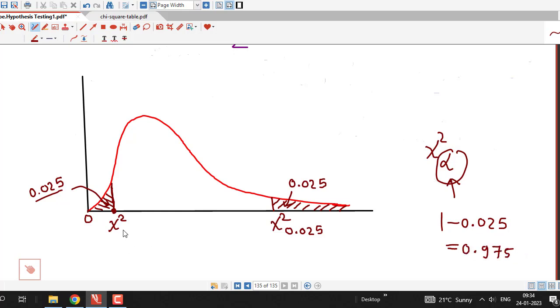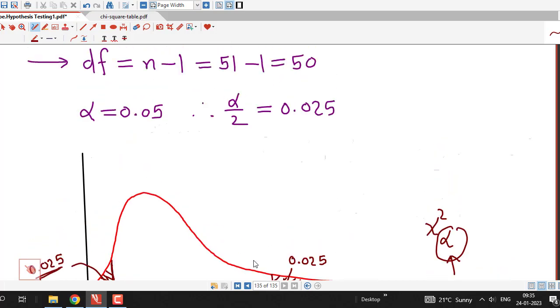So this critical value of the chi-square distribution is denoted by chi-square suffix 0.975, because the area to the right side of this point is 0.975, which we obtain by subtracting 0.025 from the total area under this distribution, which is 1. So now we have to decide these two values, chi-square 0.975 and chi-square 0.025, with 50 degrees of freedom.